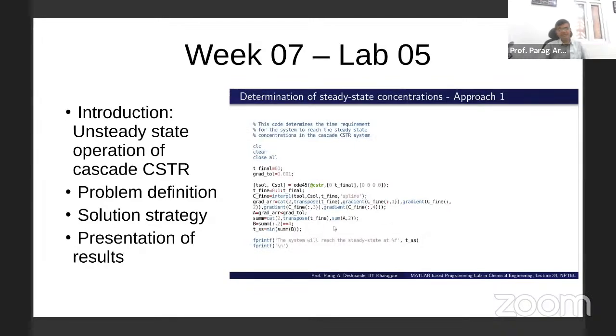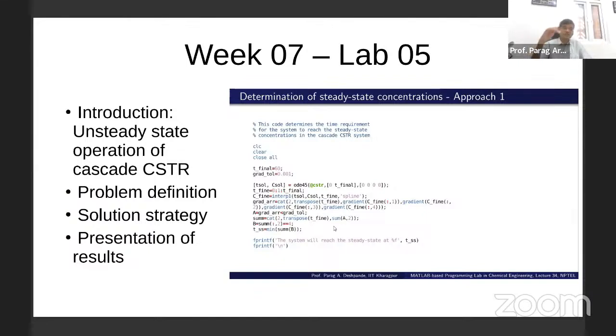Now, determining the steady state is an interesting thing. So this can be done in 2 ways. So in a transient operation, the concentrations would evolve, and at some point of time, the change of concentration will become 0 with time, which means the concentrations will become constant. Now that's the steady state. So what you can do is you can keep on evolving the system and keep on checking whether the concentrations have become constant or not.